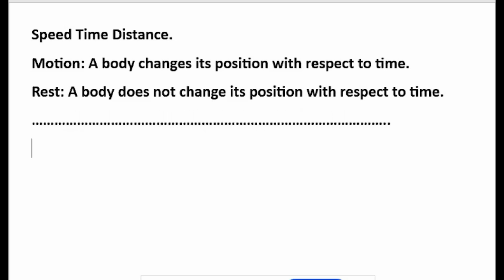Now motion can be of different kinds. For instance, how is the motion of the fan blades? What is the motion? How are they moving?